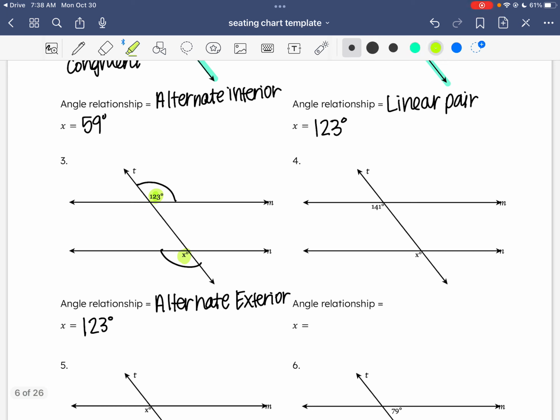Our next relationship, if you think about these four angles as being kind of in a group, and these four angles as being in a group, then these are both in the bottom left of their group. So if this angle is 141, this angle is also 141, and these are corresponding.